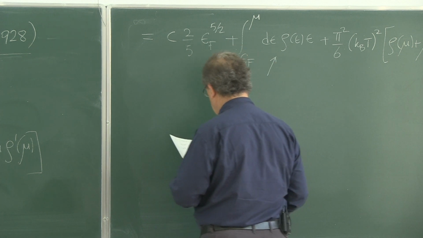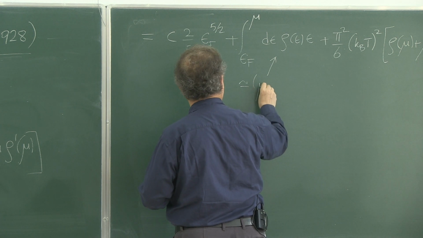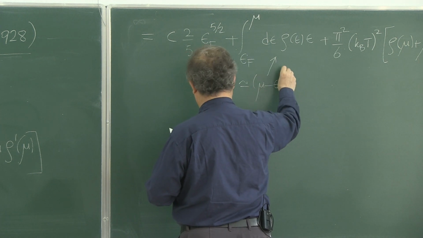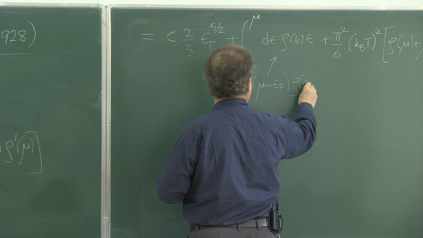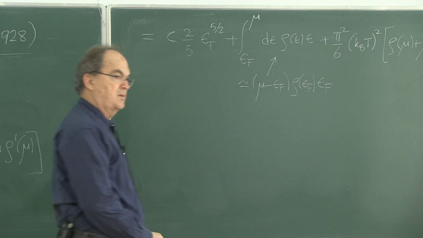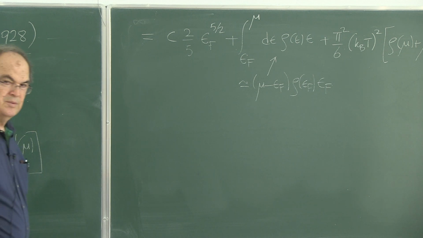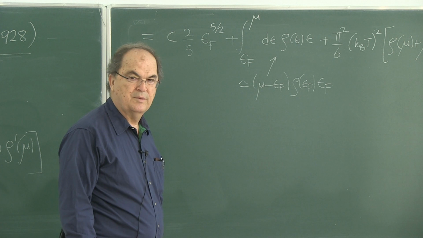You can write this approximately as mu minus EF, rho EF times EF, Fermi energy. Exactly the same step as we have done before without the energy term.